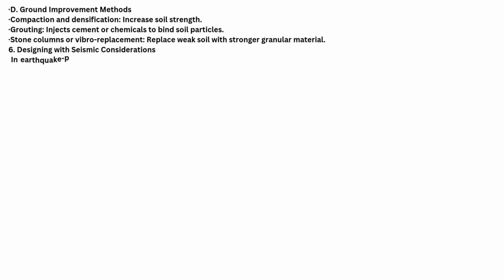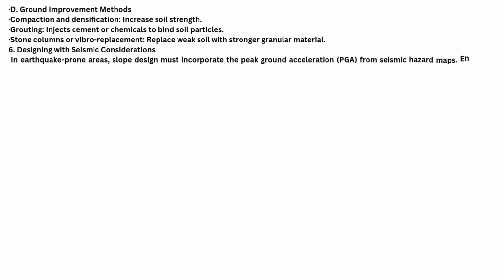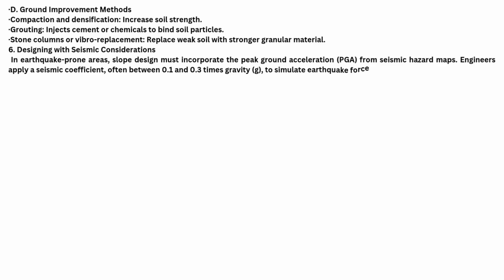6. Designing with seismic considerations. In earthquake-prone areas, slope design must incorporate the peak ground acceleration, PGA, from seismic hazard maps. Engineers apply a seismic coefficient, often between 0.1 and 0.3 times gravity, g, to simulate earthquake forces.